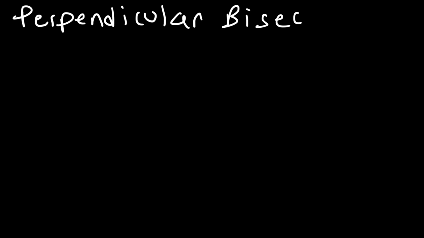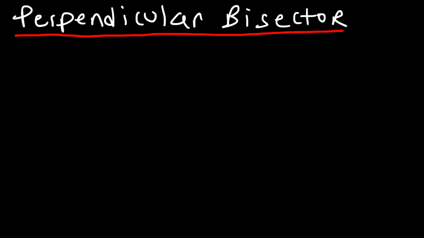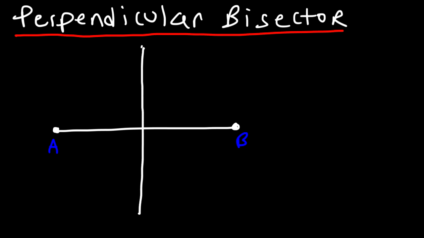Now the next thing we're going to talk about is a perpendicular bisector. So looking at the words perpendicular and bisector, what do you think this represents? So let's say we have a line segment, which we'll call segment AB, and we're going to draw a line that's perpendicular to it.